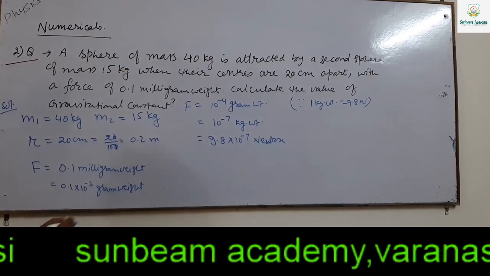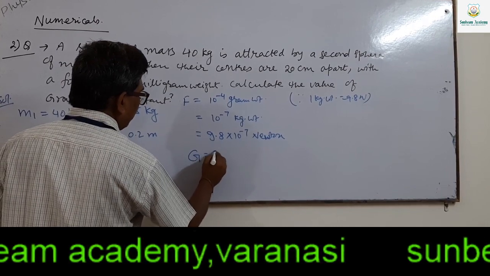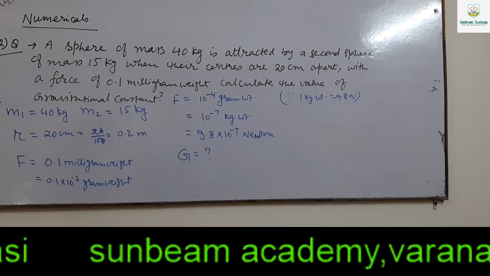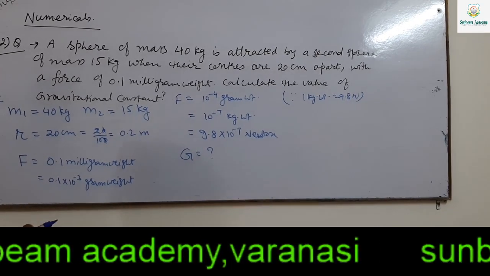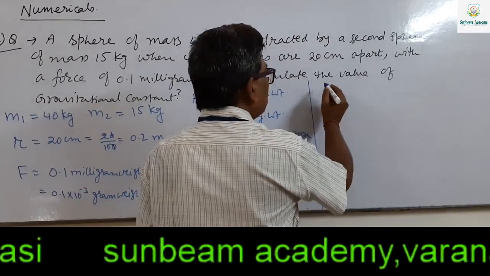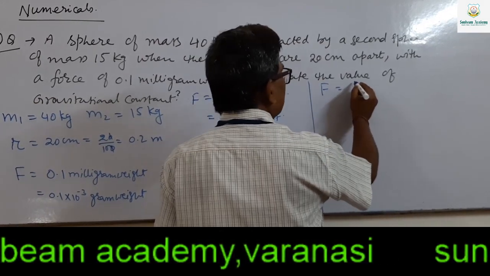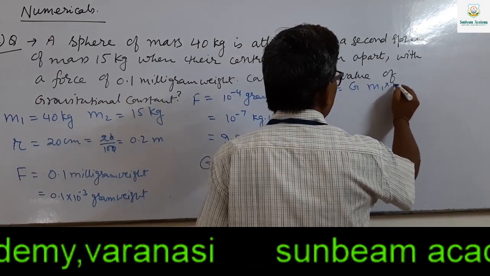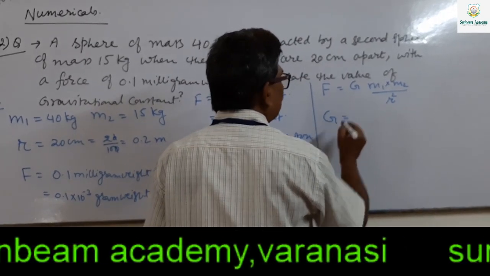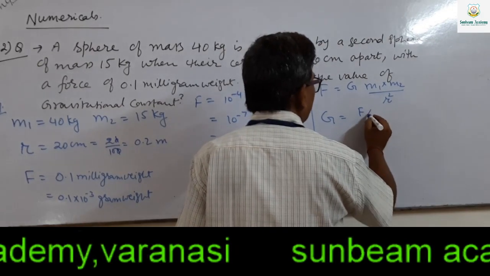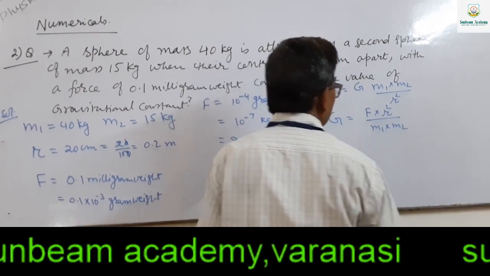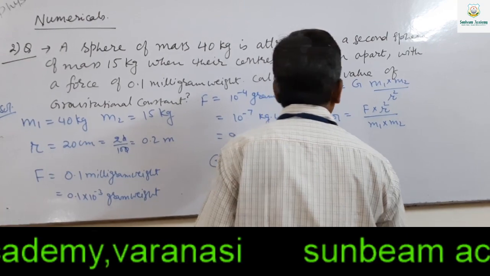Now what we have to find out? We have to find out capital G, the value of capital G. Let us see how you will find it. Now you know that F is equal to G m1 into m2 upon r square. So G is equal to F into r square upon m1 into m2. Now you substitute the values.